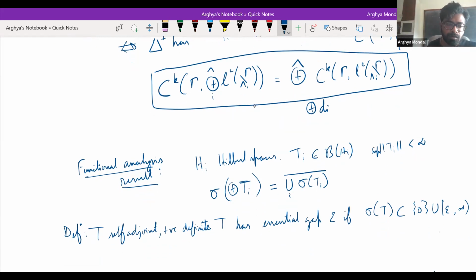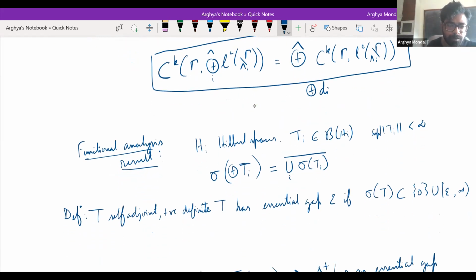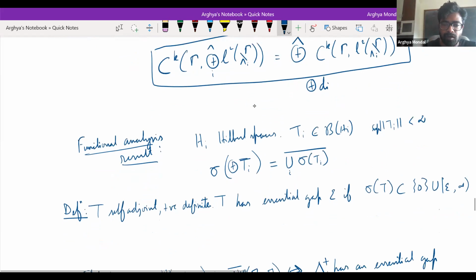Right. So let's say I have a self-adjoint positive definite operator T. Then I say that T has essential gap epsilon if the spectrum is contained in 0 union, with a gap between 0 and the next positive spectrum element.